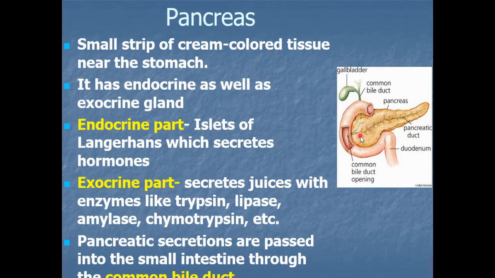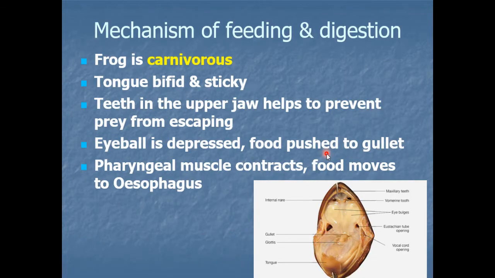Then it also releases lipase, which helps in the digestion of fats, and amylase, which helps in the digestion of carbohydrates. All these secretions are let out into the duodenal region through the common bile duct. So gallbladder also releases the secretions into the common bile duct. That's about the digestive glands.